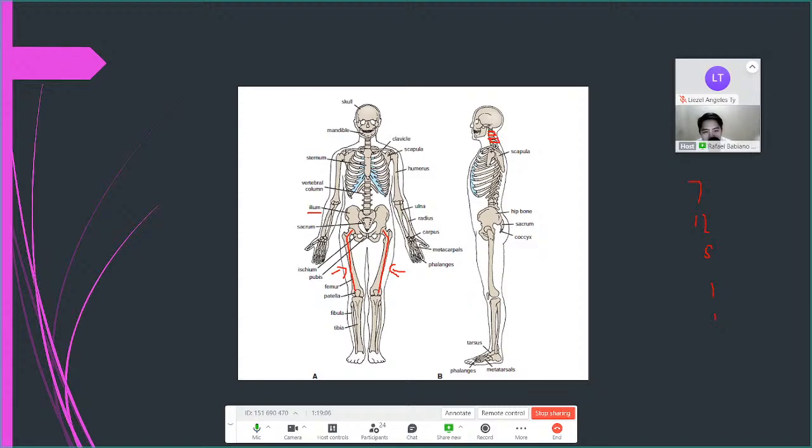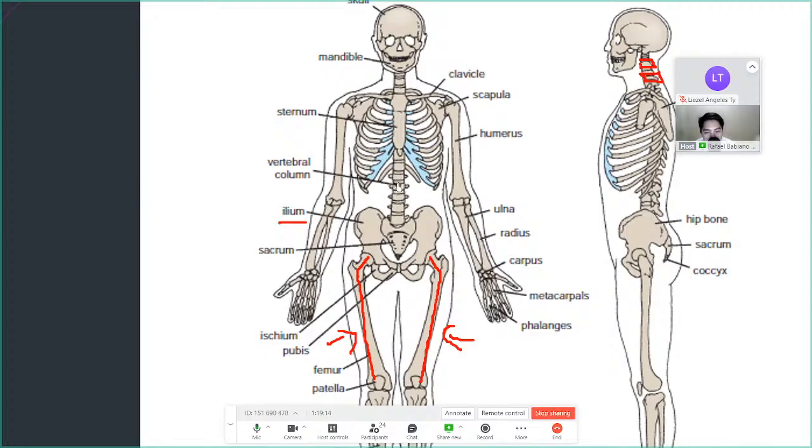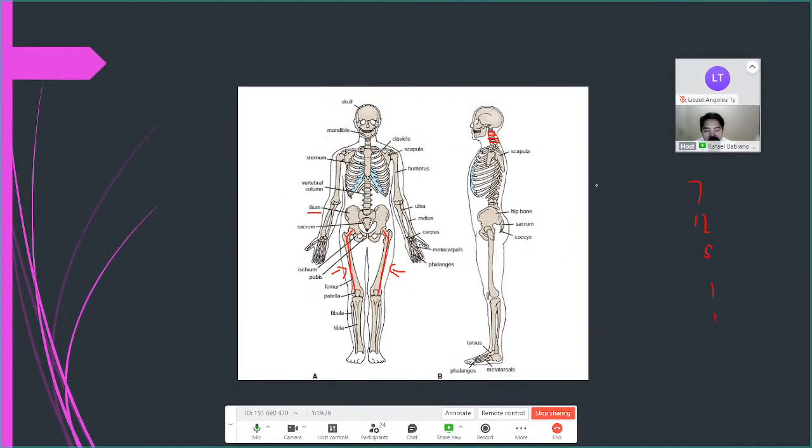Okay? They are just connected by cartilage or a disc. So that's one bone, this rectangle, that's one bone, another bone, that's another bone. So they're not necessarily one long bone. Okay, these are small bones, connected by cartilage. All right.